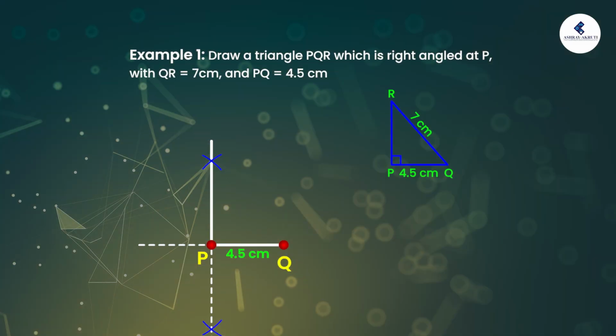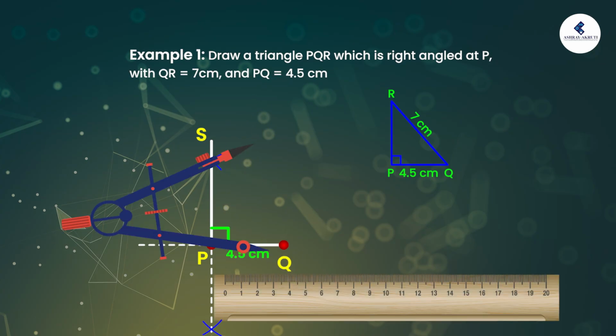Take Q as a center and using compass and ruler, draw an arc of 7 cm, which intersects PS at R. Step 5.